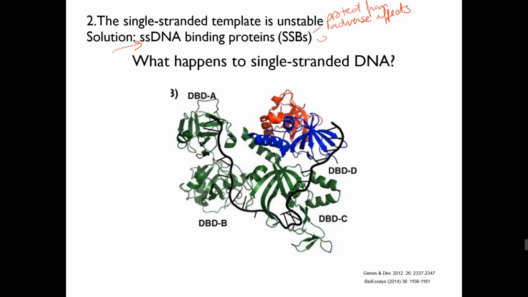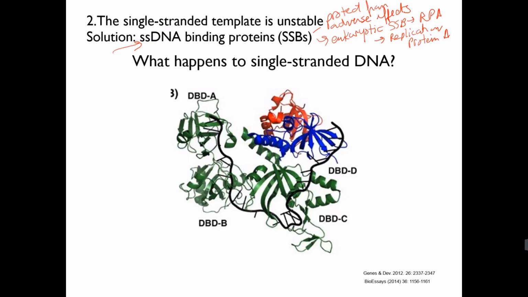RPA stands for replication protein A. It was named because it was an early identified fraction when Tom Kelly's lab was fractionating eukaryotic extracts to identify different proteins that were required for replication in vitro. So this was the first one that they came across.